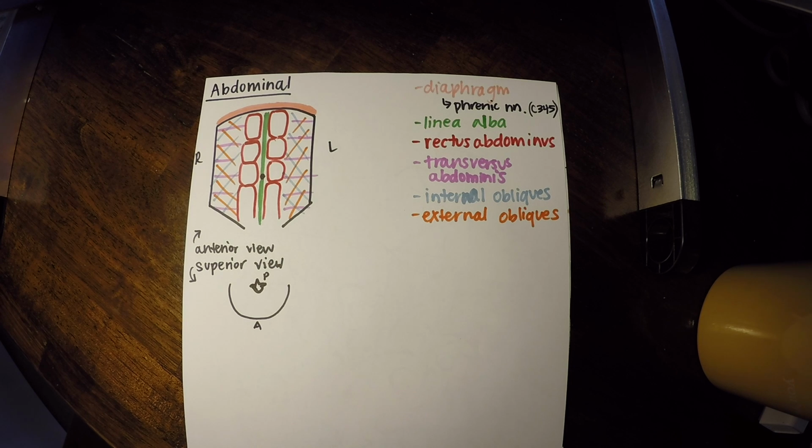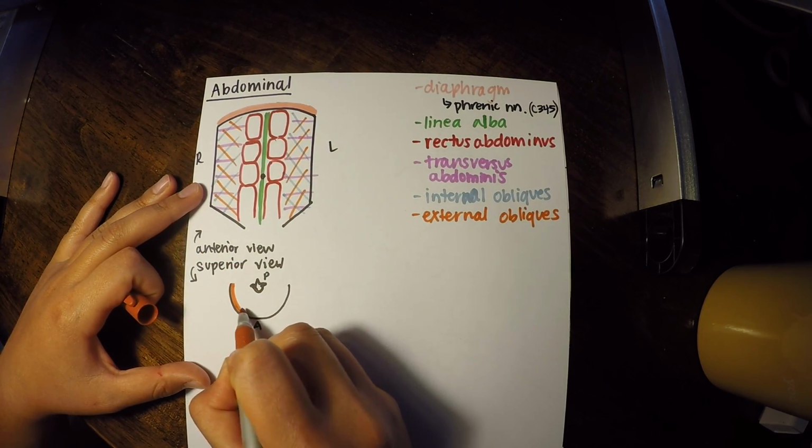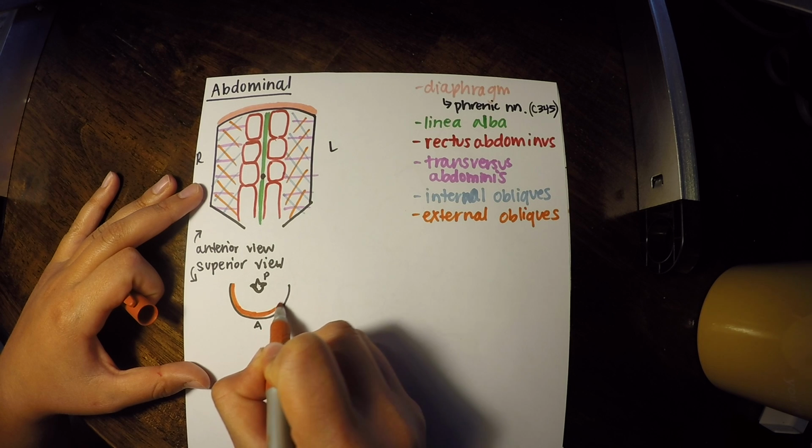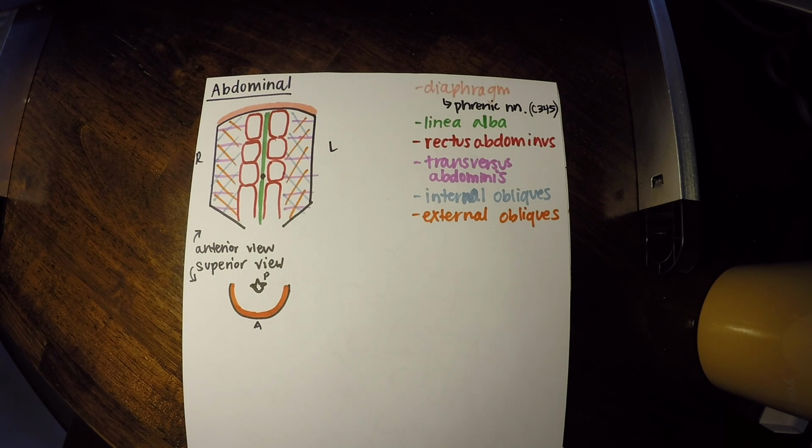So I just want to do this because I want to show you that our external obliques are the most superficial layer. So that's going to be the most technically like anterior when we're looking at it from the anterior view. And then the next deepest layer is going to be our internal obliques.